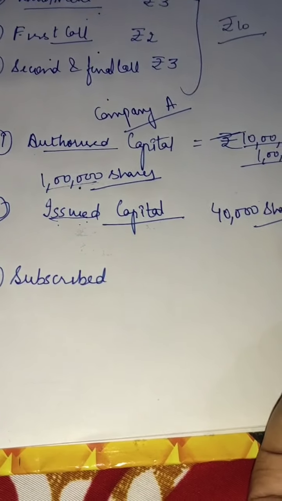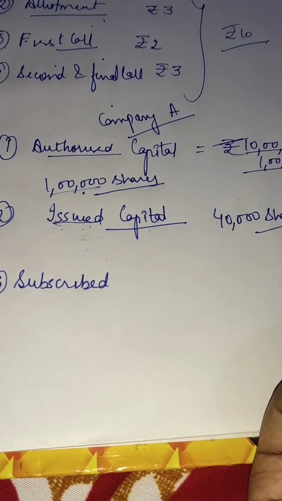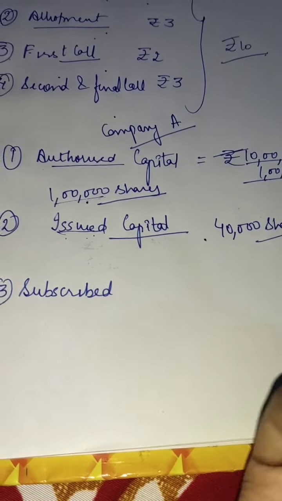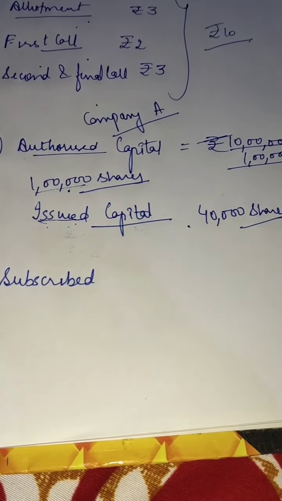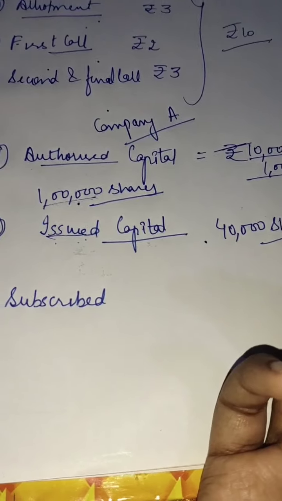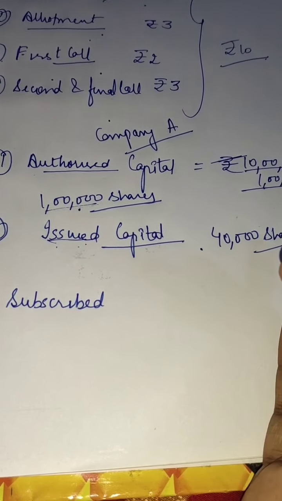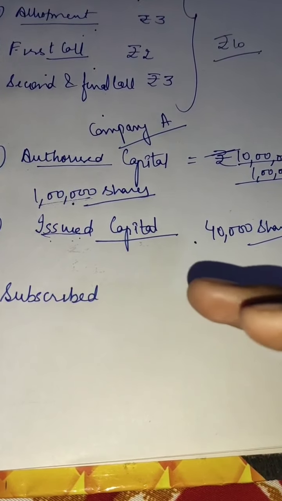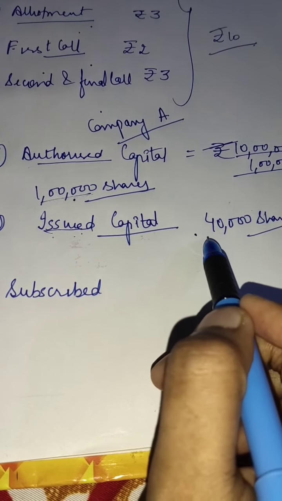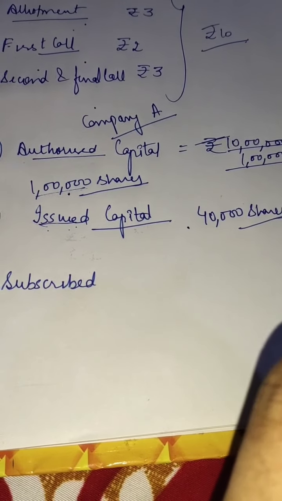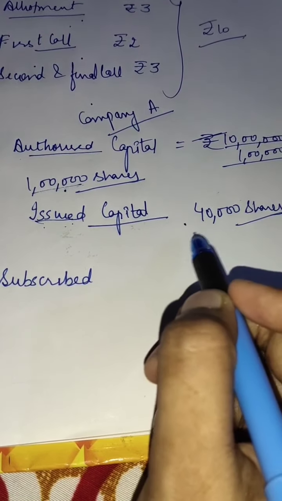But it depends upon the public whether they want 40,000. This amount can vary. Sometimes the public is very much interested in buying the shares of the company, and they may ask for more than this amount, but we can't issue them. Sometimes it also happens that they may demand less than this.